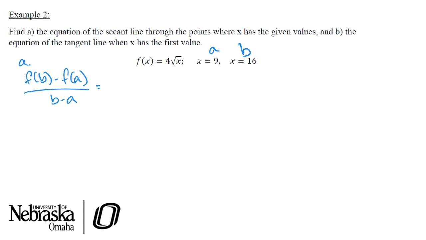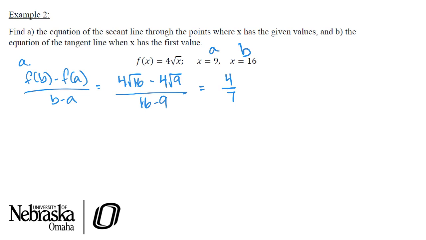So we have f of 16, plug in 16 into the function, minus f of 9, plug in 9 into the function, over 16 minus 9. And we should get 4/7. Pause and double check to make sure you get that.